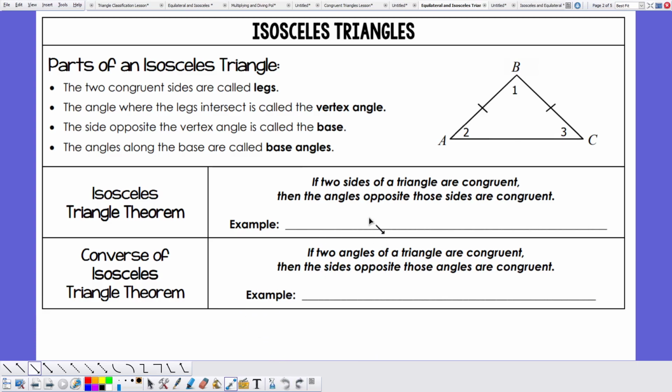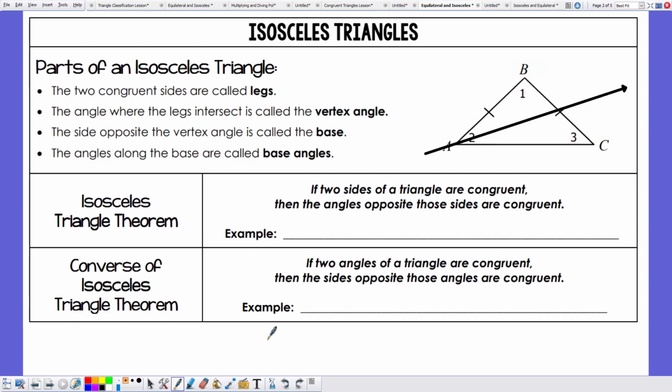So, if two sides of a triangle are congruent, the angles opposite to those sides are congruent. Well, let's look at the two congruent sides, AB and BC. If I draw a line through angle A, that means it's opposite to BC.